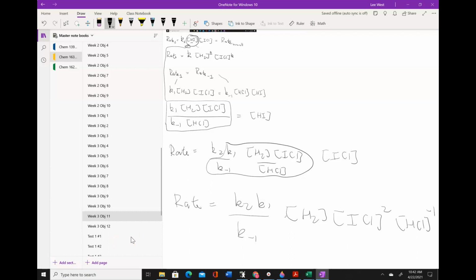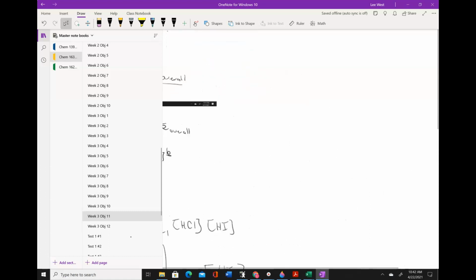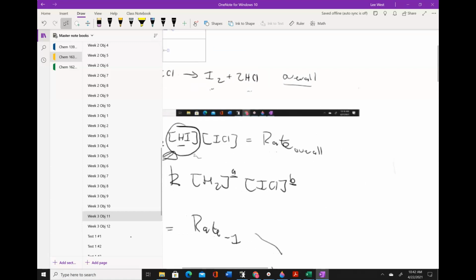So it kind of looks like a rate law. And what we should recognize is that this is just a collection of constants. So we could say that the overall rate constant for this is just equal to k2 k1 on k-1.